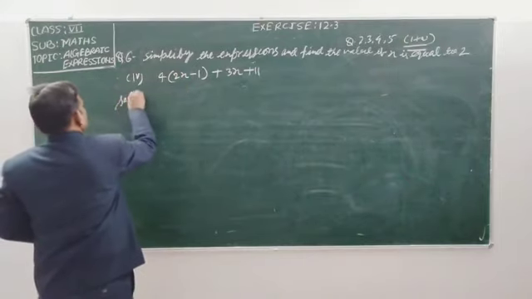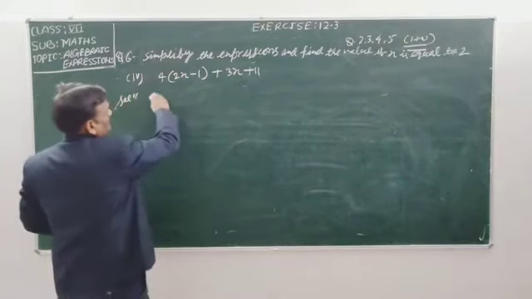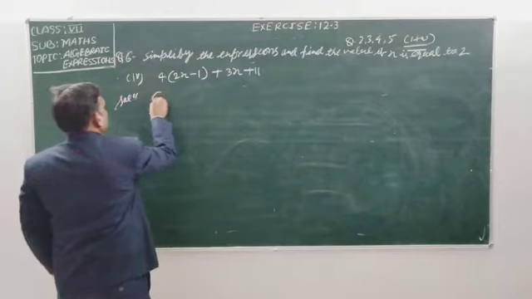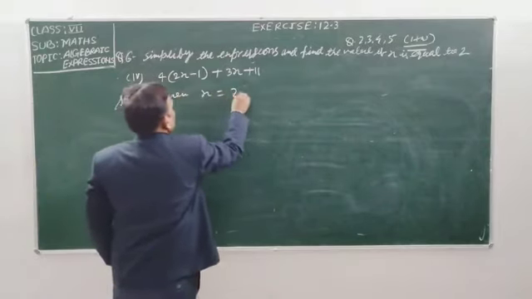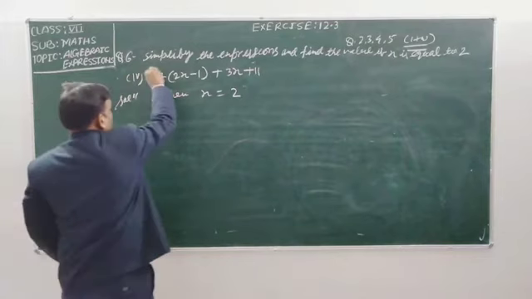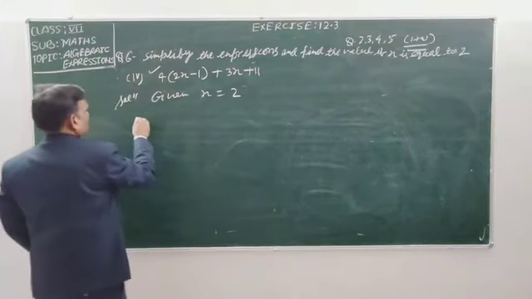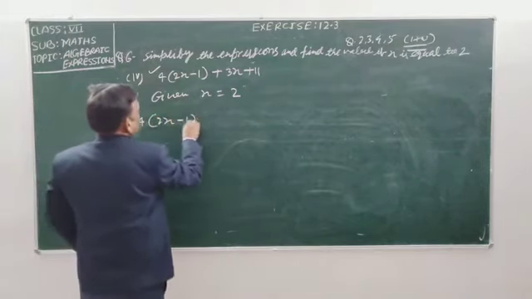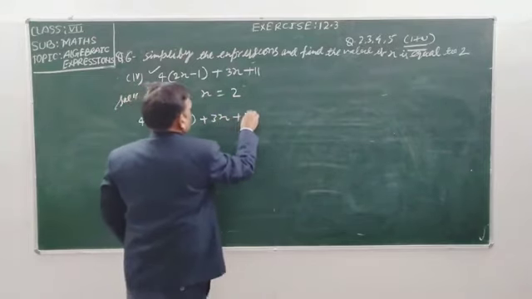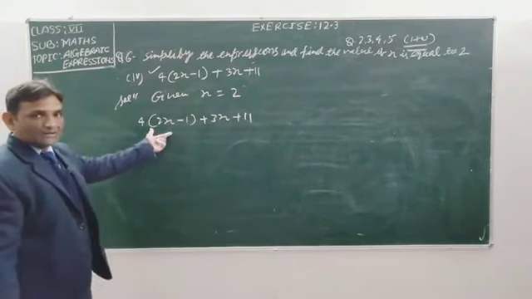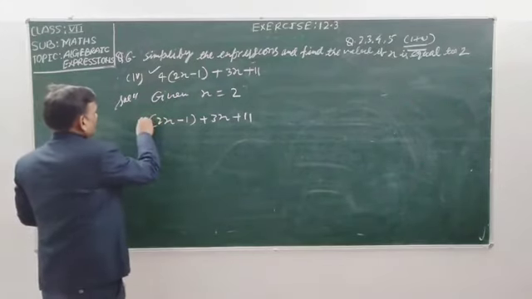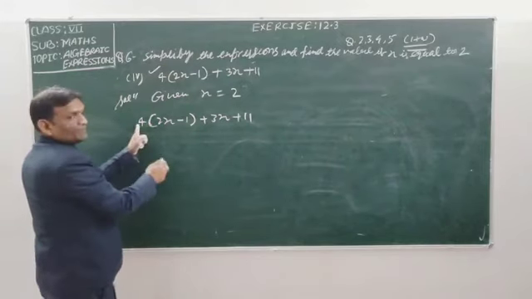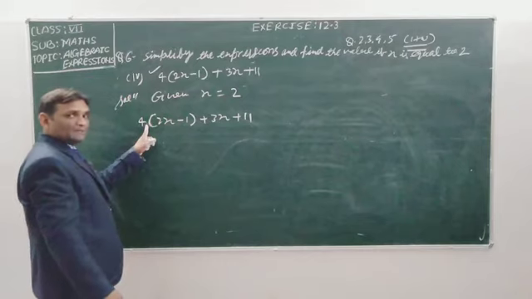So, student, I am going to solve this question. Firstly, we simplify it, but x is equal to 2 is given. But firstly, we need to simplify this expression, student. For 4 times 2x minus 1 plus 3x plus 11, what will you do? 4 is written outside of the bracket and there is no sign between the bracket and 4, so you will understand it as multiplication.